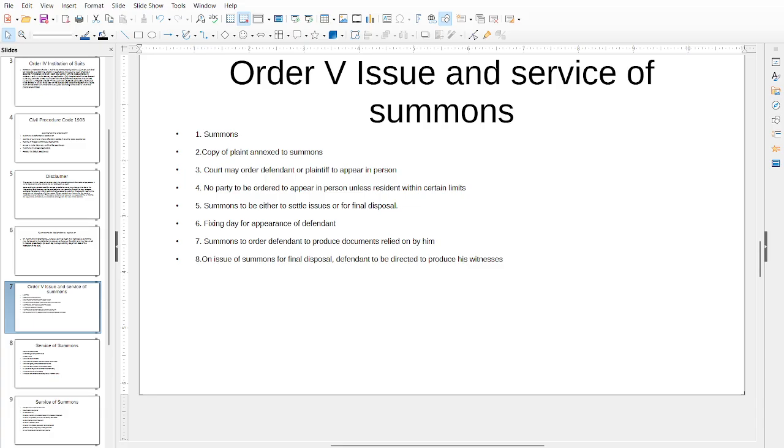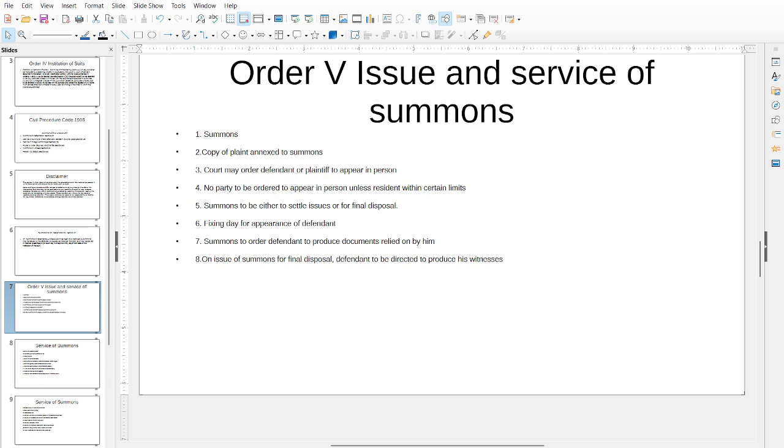The court will give some more time, suppose the written statement needs to be filed within 120 days. Suppose even after giving the appropriate time, the defendant doesn't file the written statement after 120 days.